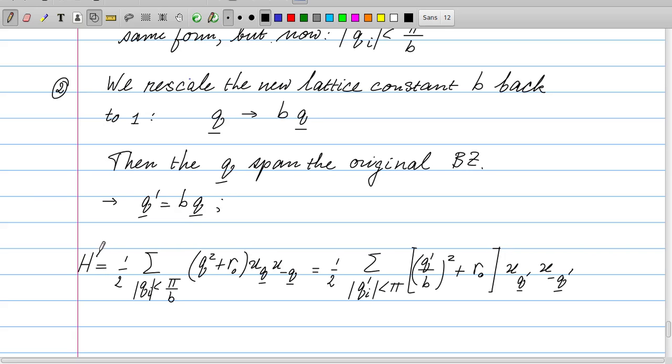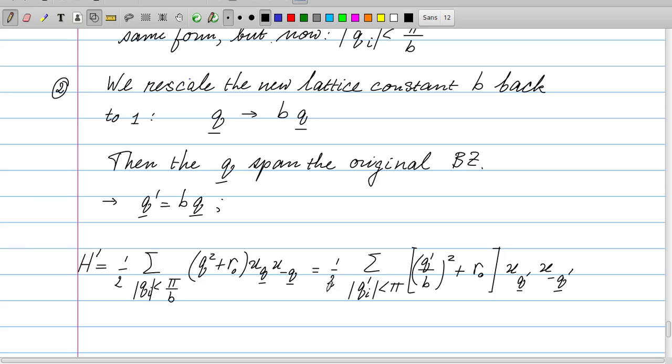Let's look at the H primed. That is the Hamiltonian that we got after step 1, which is exactly the same as the original Hamiltonian, except that the sum is now only over the qi, which were inside the small part of the Brillouin zone, so the part that we did not integrate over.